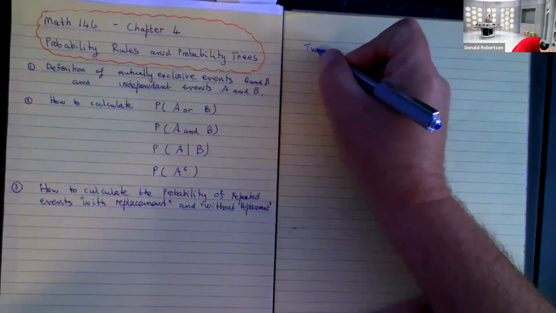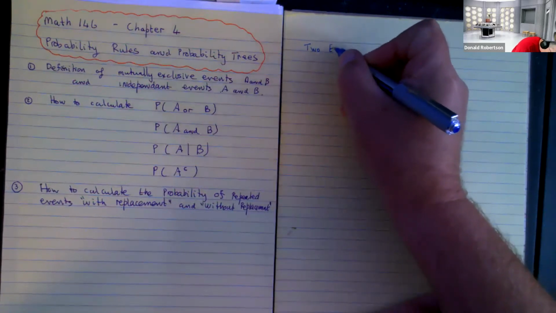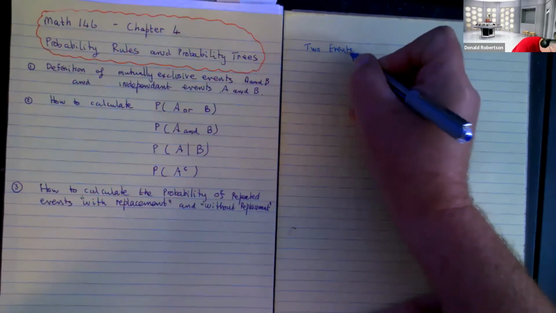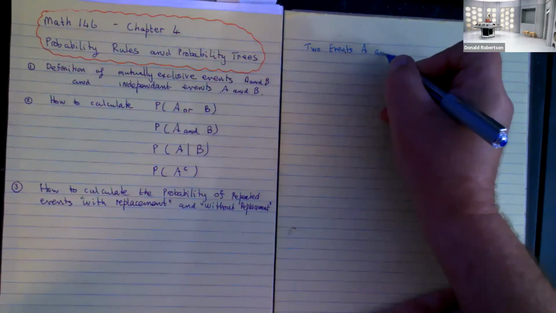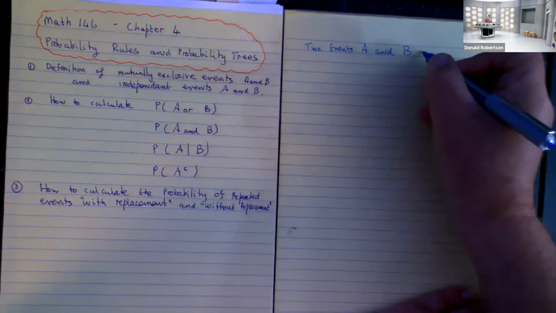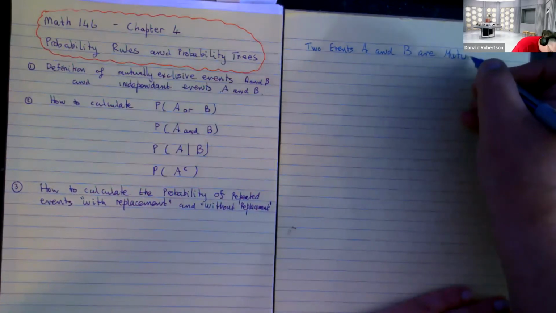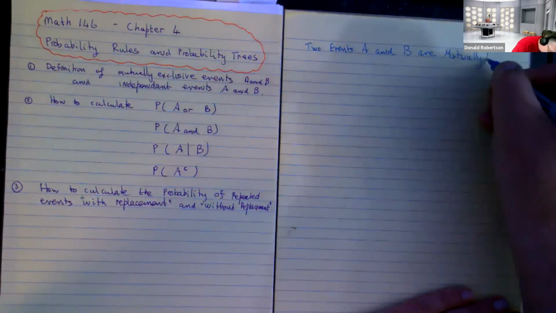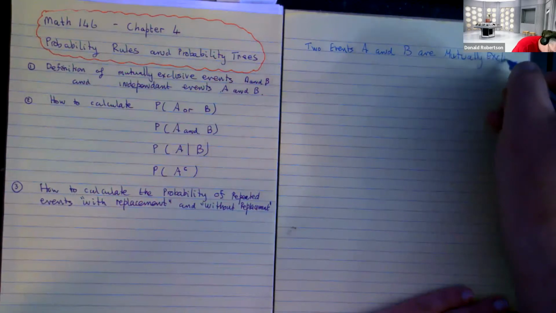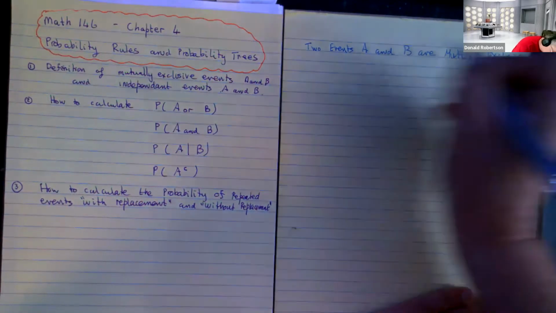So here's the definition. Two events, A and B, are called mutually exclusive events.